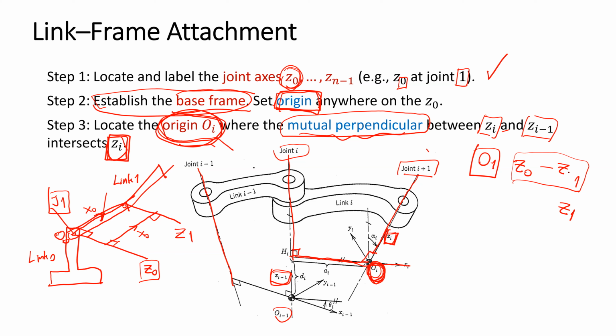So O1 should be on the Z1 axis, and on the line that is the mutual perpendicular between Z0 and Z1. So let's see this picture.